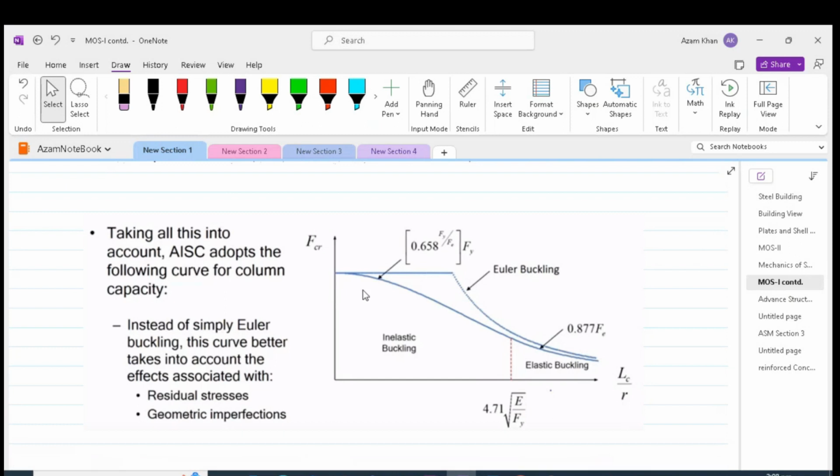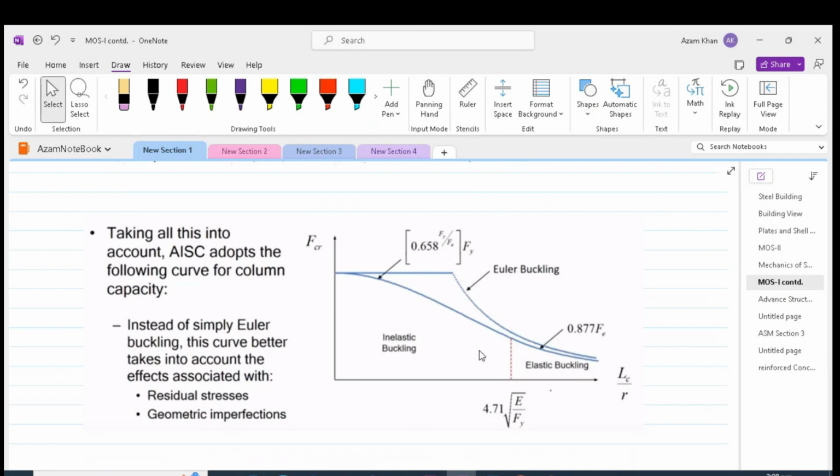It is important to note that in practice, it is not possible to get a load equal to the one given by Euler buckling, even for long columns. The reason is that in the case of steel columns, we can have geometric imperfections and residual stresses induced in the structure before application of any load.